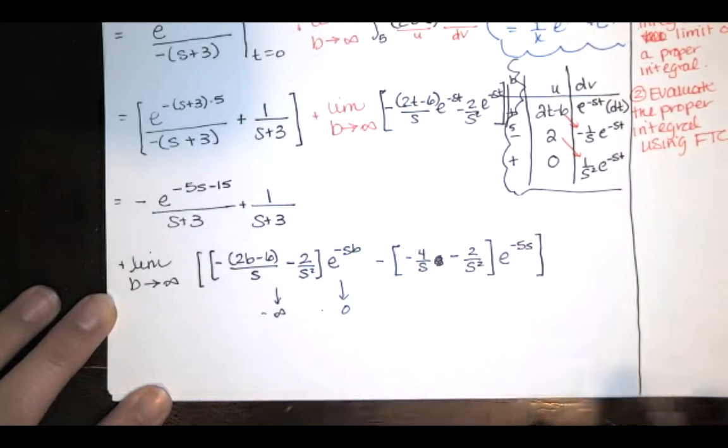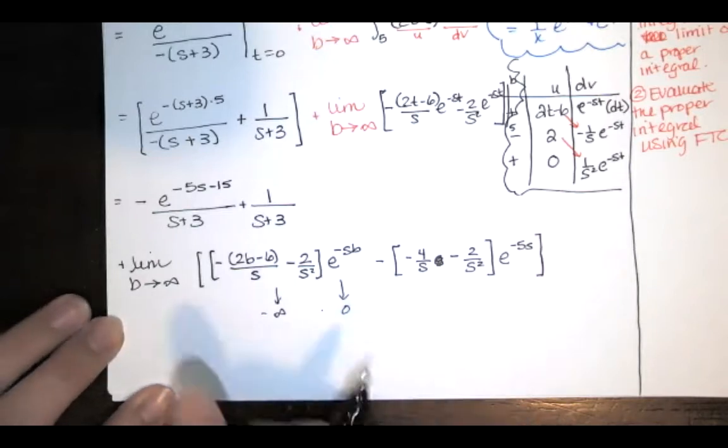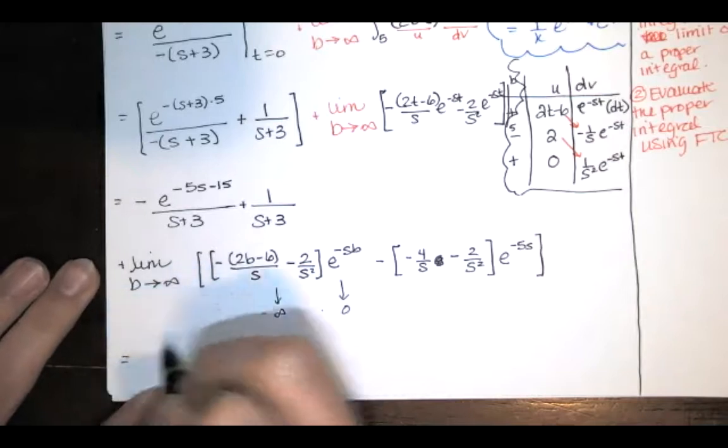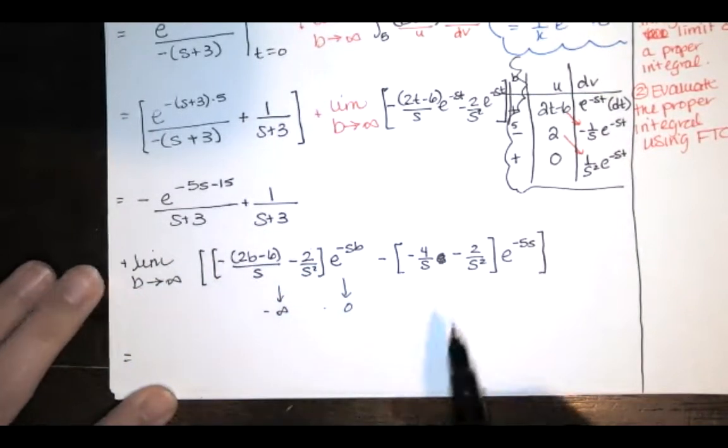Now there are no b's here, so that's just going to come down. That's going to be treated as a constant after we distribute that negative. Okay, so let's rewrite this first and then apply L'Hopital's rule to that.